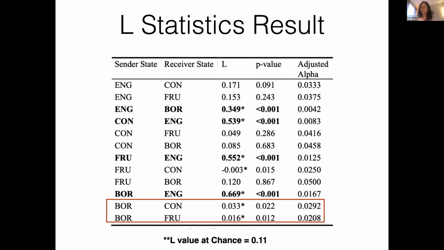But we won't be able to do this because the L value at chance is 0.11. So these are actually significantly less likely than chance. And this is the whole motivation for us to be looking at ENA as an alternative approach for conducting affect dynamics research.